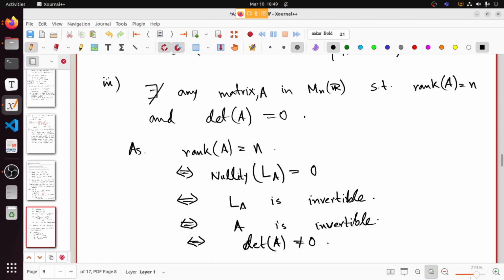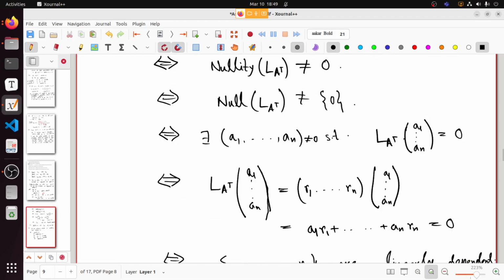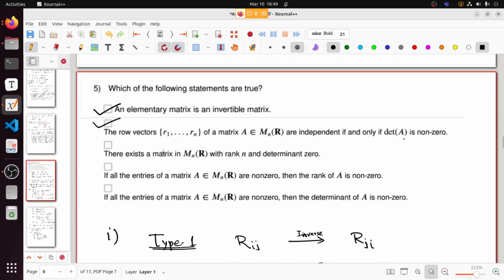So this is false. There cannot exist a matrix such that the rank is n and the determinant is 0. So option number 3 is false.